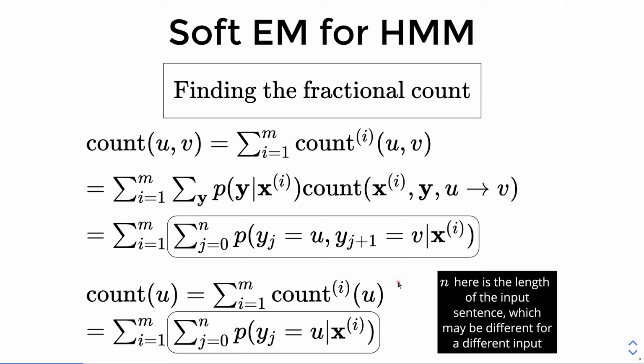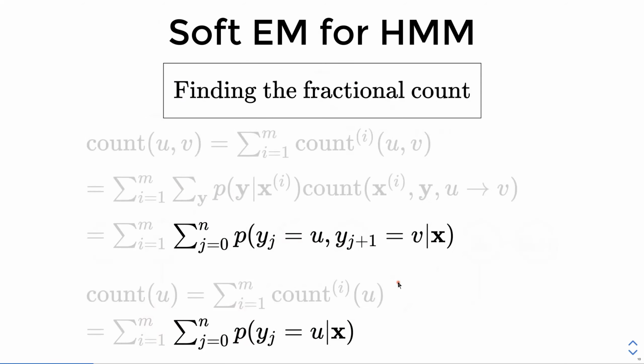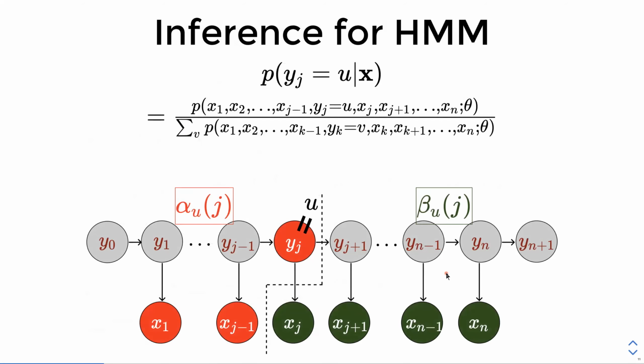We went through some derivation in the previous lecture, and eventually we realized that we can rewrite these two in terms of alpha and beta. Now let's focus on these two first. This is actually a simpler problem. How do we calculate this conditional probability? How do we perform the inference? In the last lecture, we said we can rewrite this in terms of this divided by this.